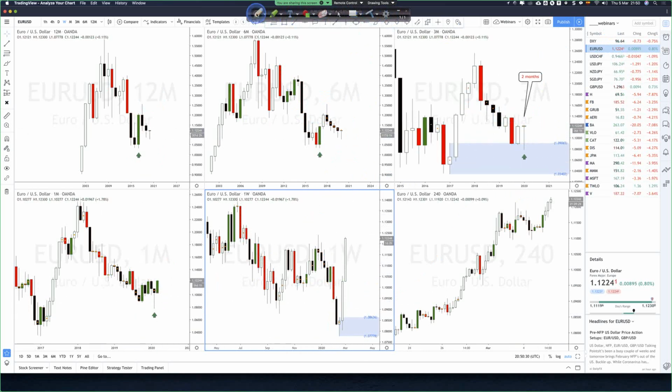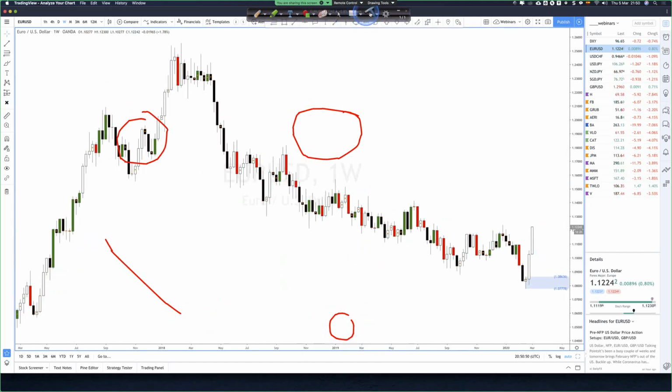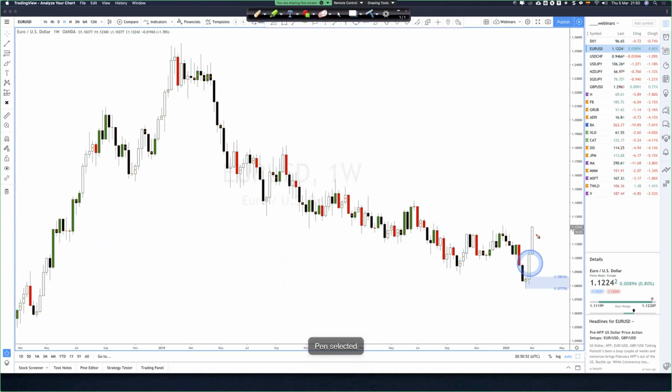How we are using all these confluences in order to plan high probability long setups, which are counter trend because the monthly is bearish buys and all that. So super strong rally, and as you can see on the weekly, this is the strongest rally. Okay, 2 ESC candles.